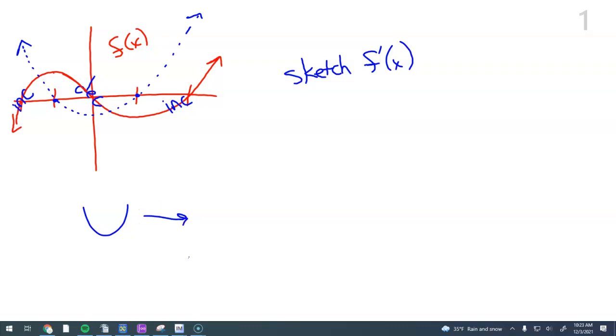So the derivative of this, so think about it. This is like an x squared something, right? So if I take the derivative, it would be something with an x, which is this or this. That's not a line. It's a curve.